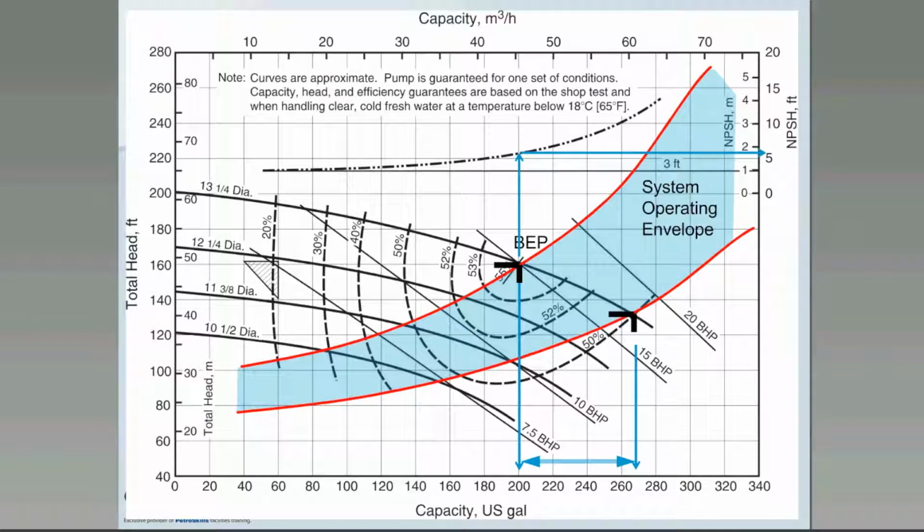Also looking at the net positive suction head, we see it at around about 6 feet of net positive suction head. And as we move to our other point, we see the net positive suction head increasing to about 12 feet of suction head. So this can be a real problem if you don't have enough net positive suction head available.